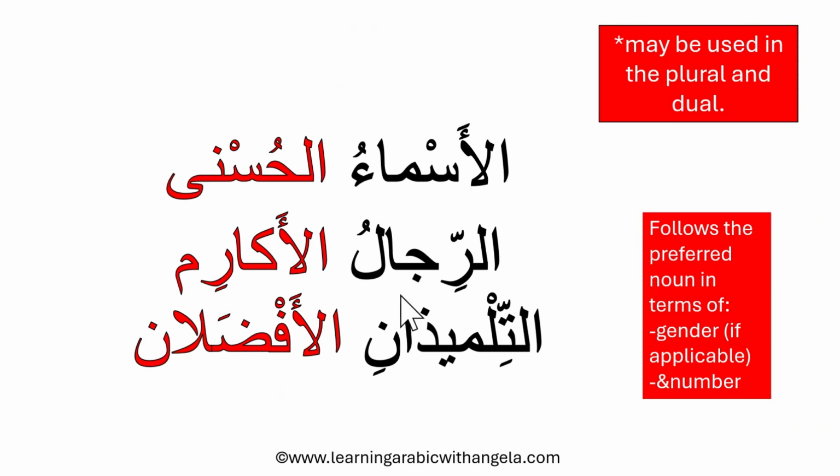So tilmidhan in the dual, أفضل becomes أفضلان in this case, because dual and dual, the adjective has to follow the noun. Over here, الرجال plural, the adjective has to be plural, الأكارم. Over here, الأسماء non-human plural takes singular feminine adjective.